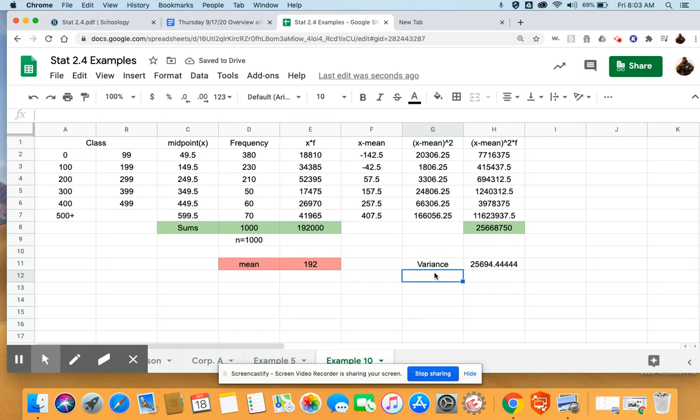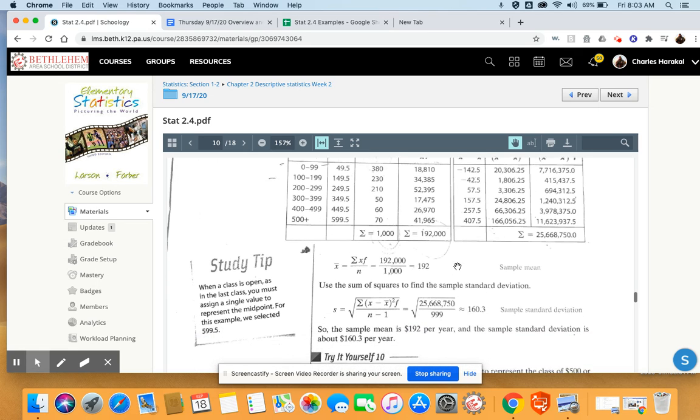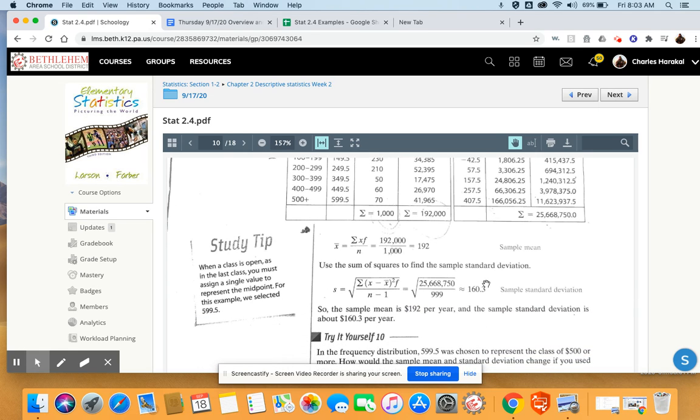And we're going to find standard deviation, which is going to equal the square root of that number. Let's hope we're correct. There we go. Sample standard deviation, they got 160.3.